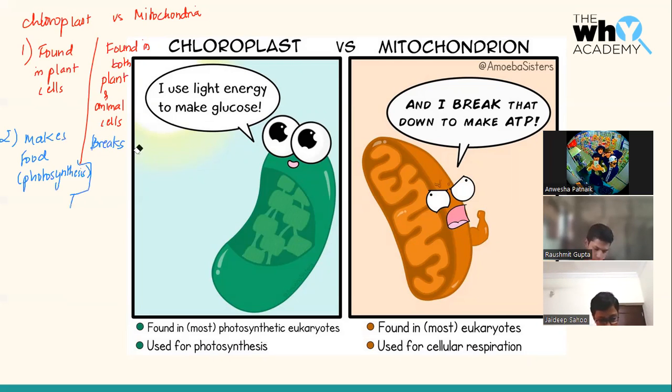Okay, this is B. Breaks down food, and the technical term for this is respiration. These are the main 2 points of difference you must know, right? That's sufficient, because their structure is also a little bit similar. The way they have come into being is also a little bit similar, but the major difference is that one prepares food and one breaks down food. Okay.